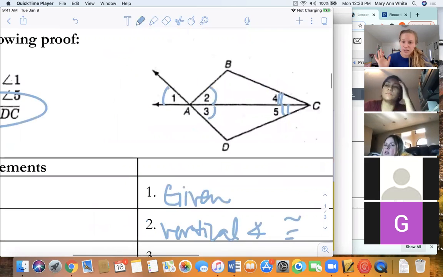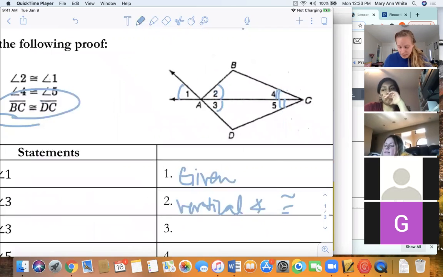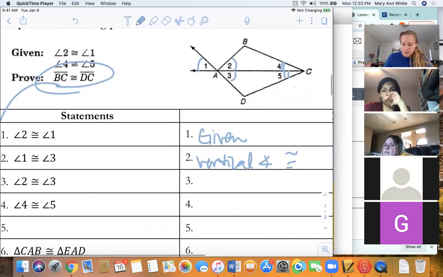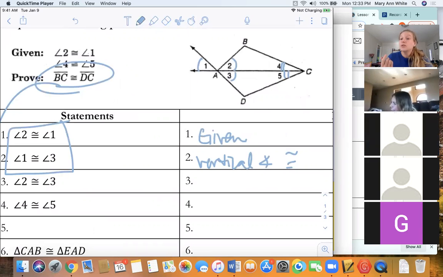It's not vertical. It's not alternate interior or something. So I'm going to look back at my proof. The first 2 steps say angle 2 is congruent to angle 1, and then angle 1 is congruent to angle 3. Transitive? Transitive. Very good, Charlie. I can cross out that angle 1, and I get to go directly to 2 and 3 are congruent. Awesome. Don't forget your congruent mark behind transitive property.